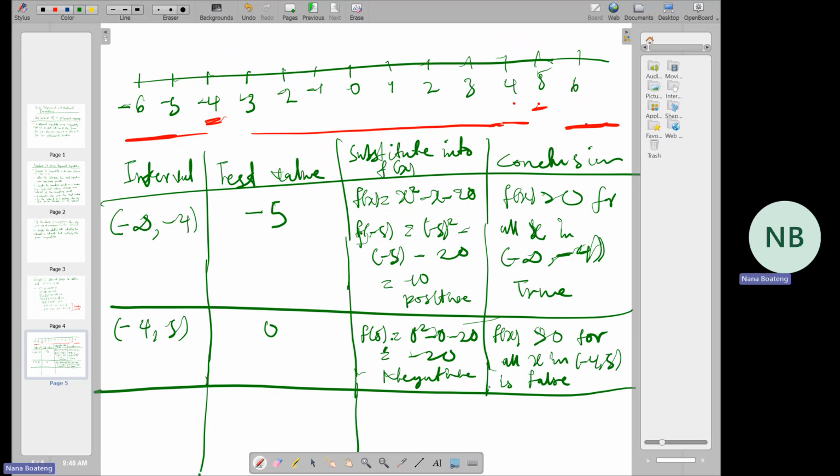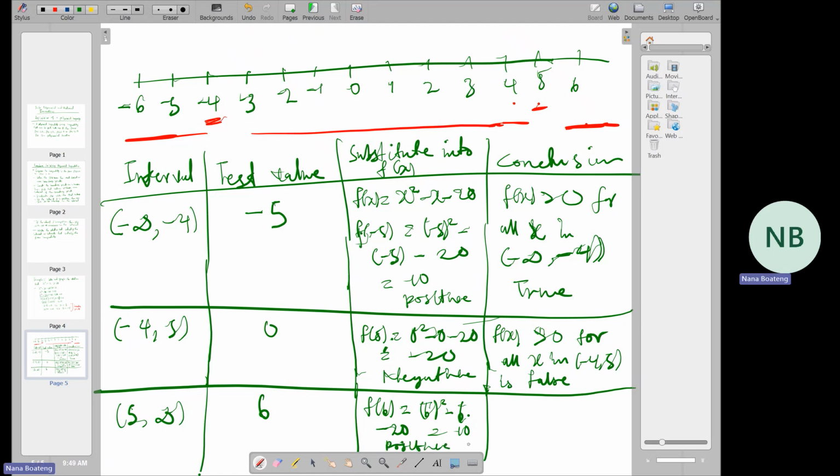And the last interval is after 5, so 5 to +infinity. We can pick a number like 6. So we evaluate f of 6, which is equal to 6 squared minus 6 minus 20, and this equals 10. And so this is positive.